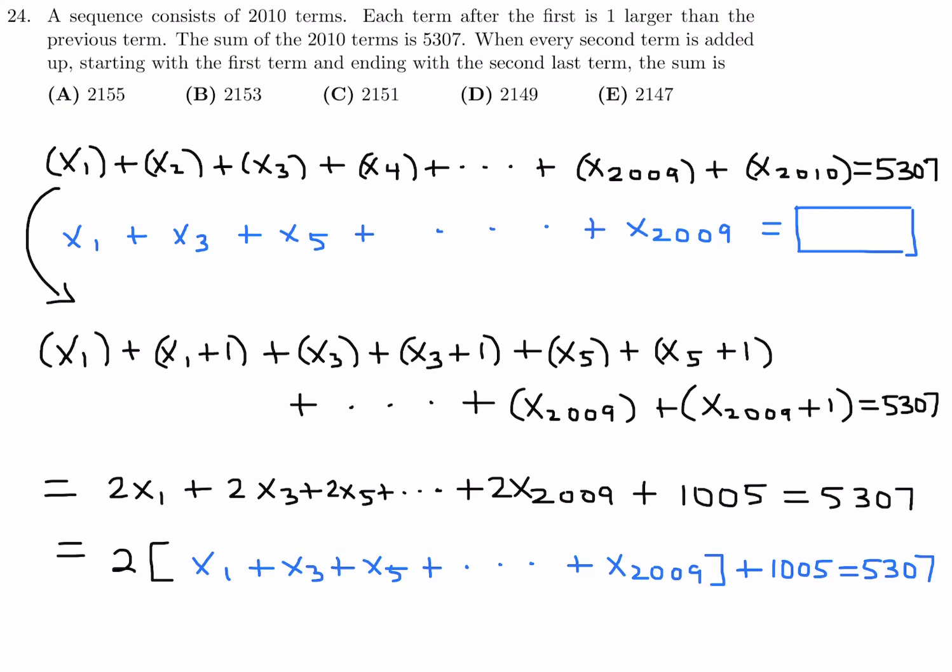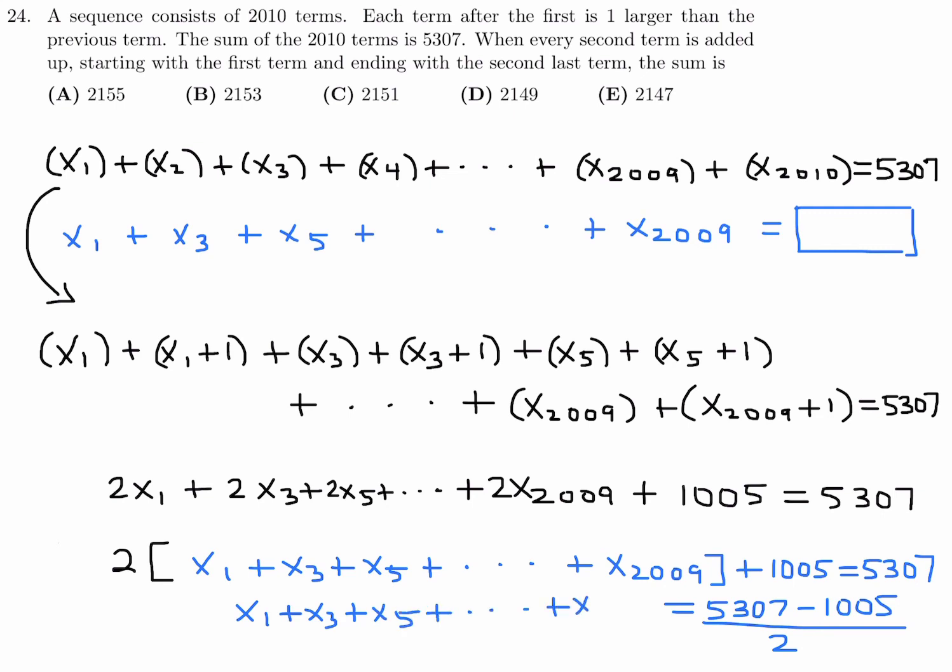So pretty straightforward here. I can just isolate this now. Since I've got it, it would basically be 5307 minus this 1005, divided by 2. And that would be this whole thing, x1 plus x3 plus x5 plus ... until the second last term, which is exactly what they want.